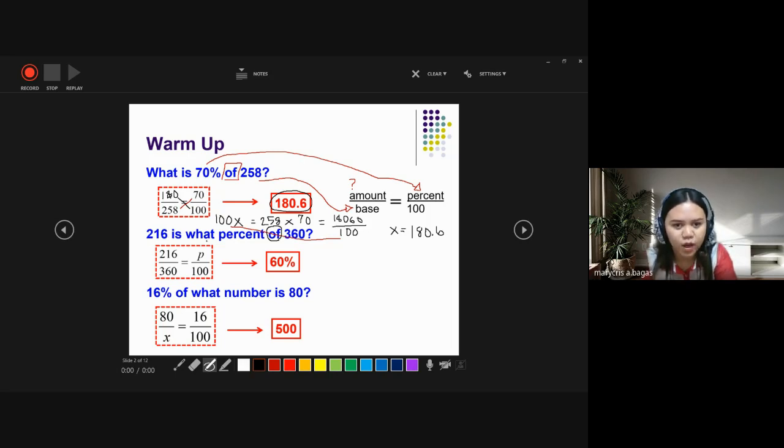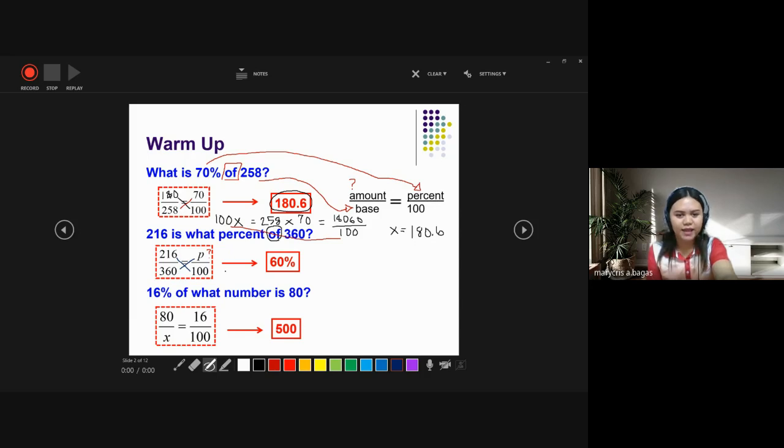Our amount here is 216, so we write 216 on the amount. We're looking for the percent. Okay, cross multiply: 216 times 100, 360 times P.